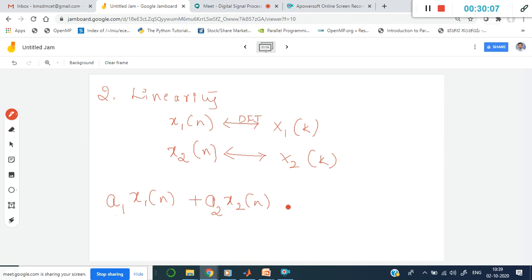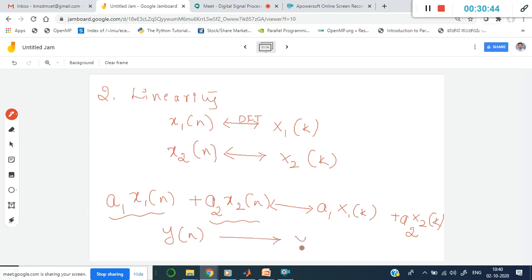In such cases, what happens to the DFT? It is very simple and straightforward. X1 of k is scaled by a1, and X2 of k is scaled by a2. Since we are adding those two scaled versions, y of n is a1 x1 of n plus a2 x2 of n.